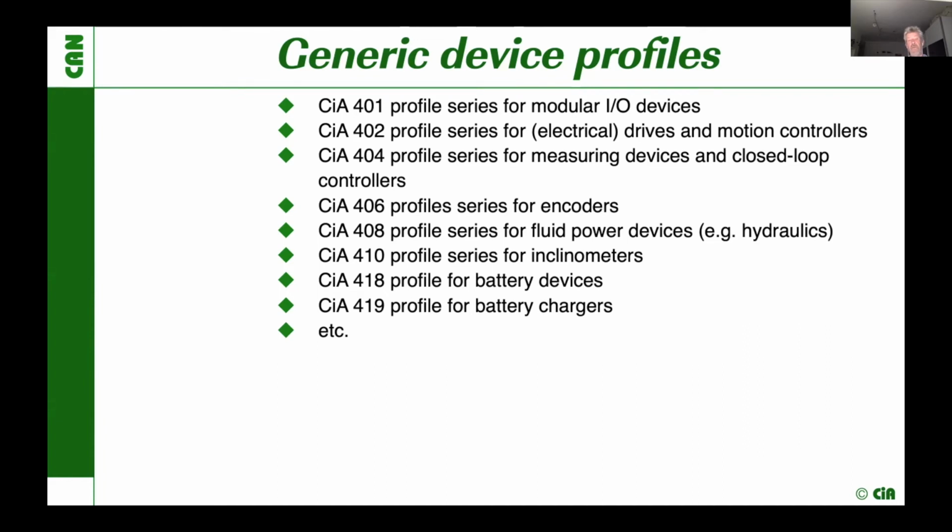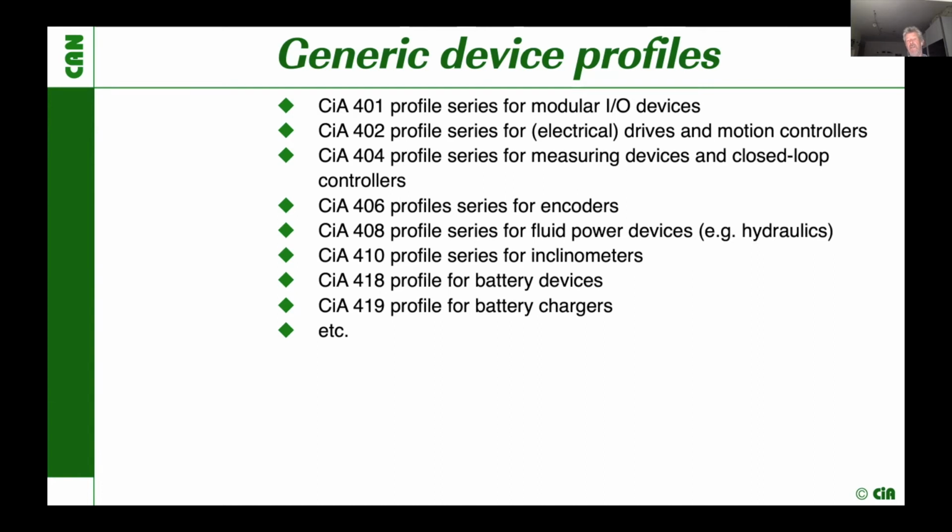CiA 404 still does not have that much activity. 406 and 410, the profiles for encoders and inclinometers, are ready to be released soon, following the new document structures. The same is for CiA 408 for the hydraulic components, or the fluid power devices, which is the official name.